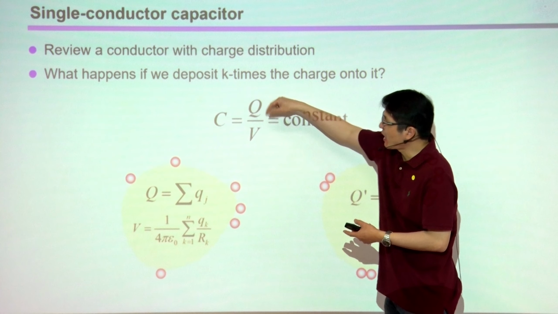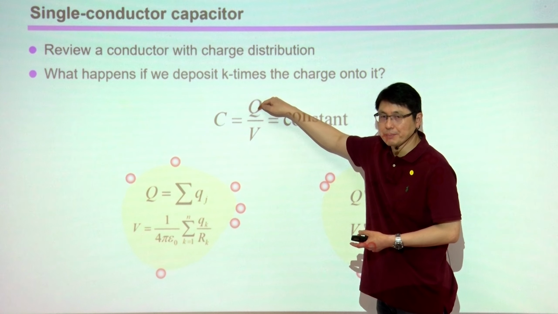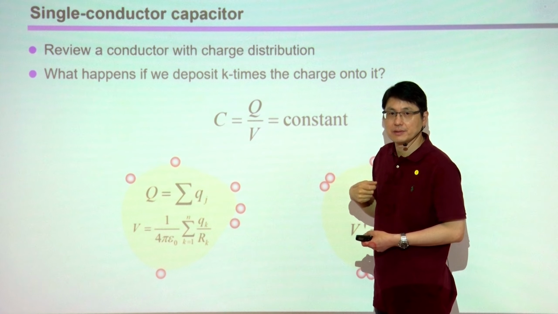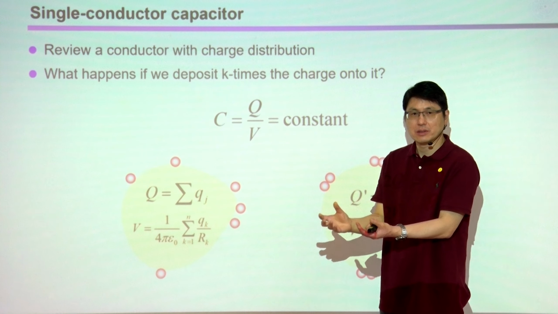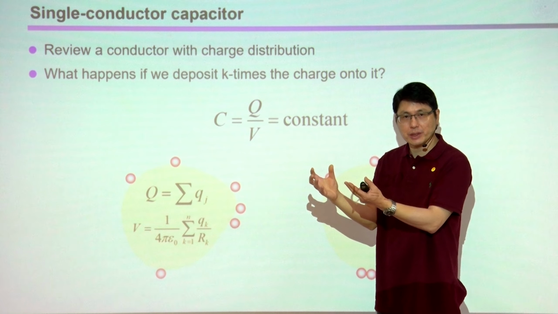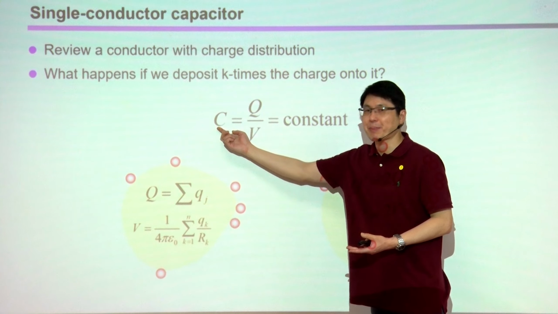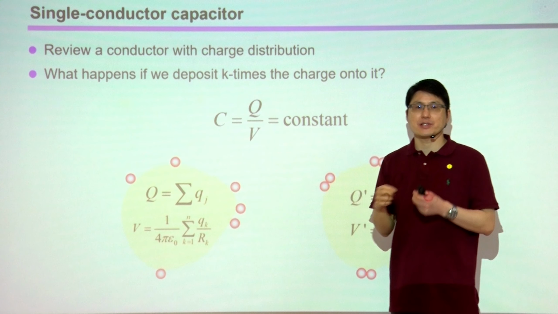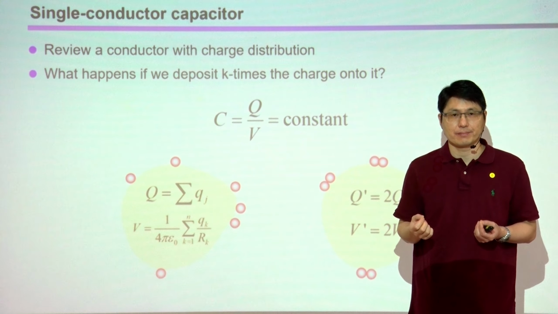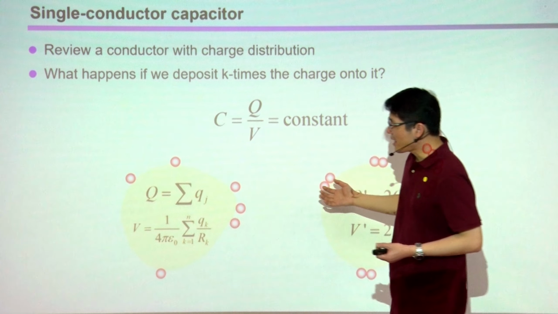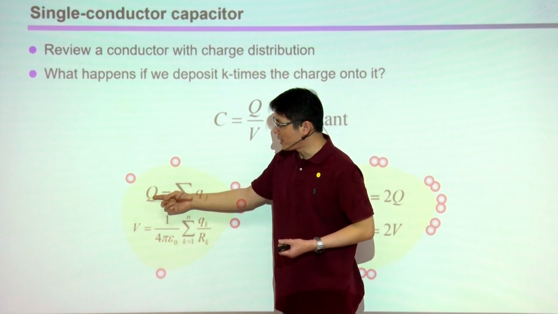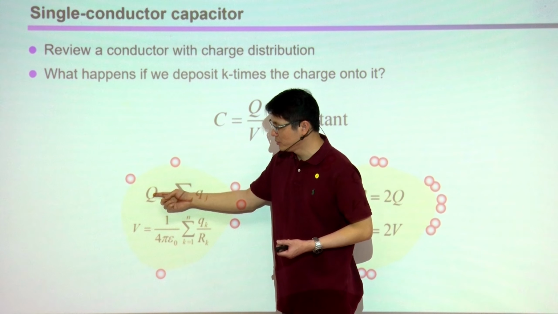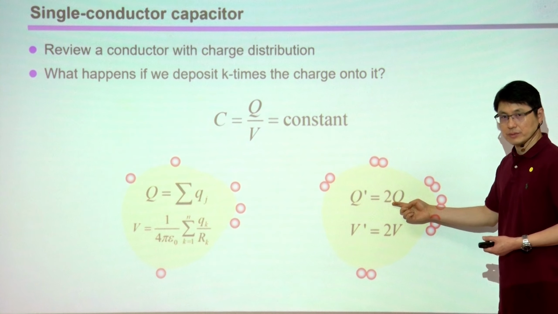does not depend on how much charge you deposit. So once you fabricate the capacitor, you have determined its material, its geometry, that capacitance value is held as a constant. Okay? So it does not matter if you deposit the charge amount of Q or 2Q.